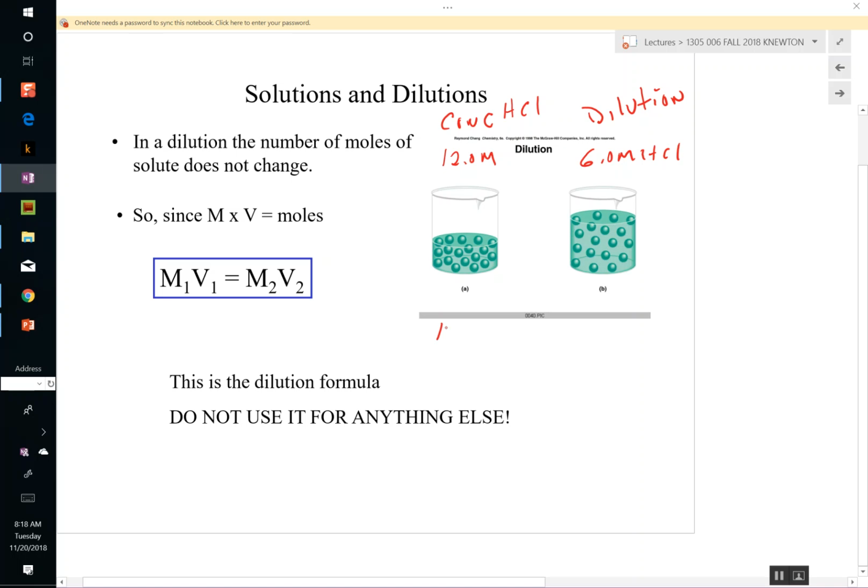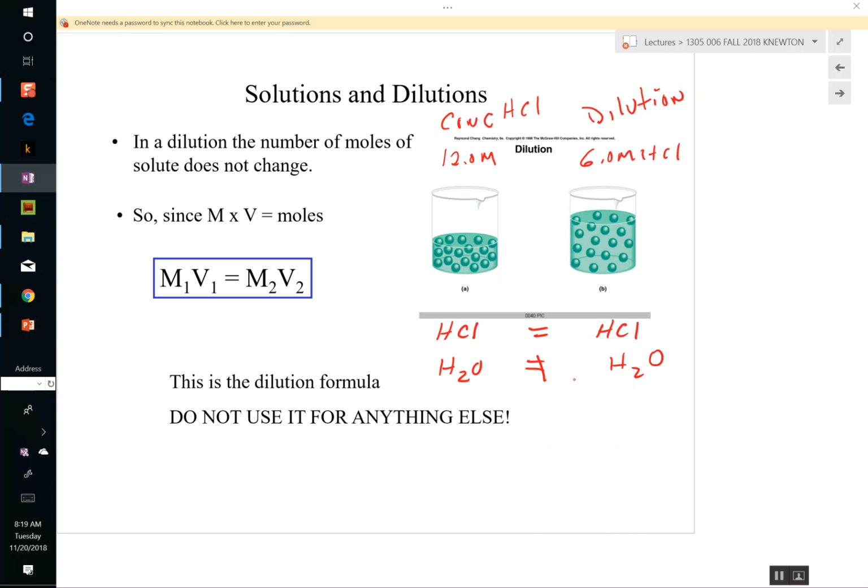That the HCl in here equals the HCl that's in here. We did not add any HCl to the beaker on the right. There is the same amount of HCl in both of those beakers. The amount of water does not equal the amount of water over here. Basically, we doubled the amount of water and it halved the concentration of HCl. That's what we did. We did a dilution.